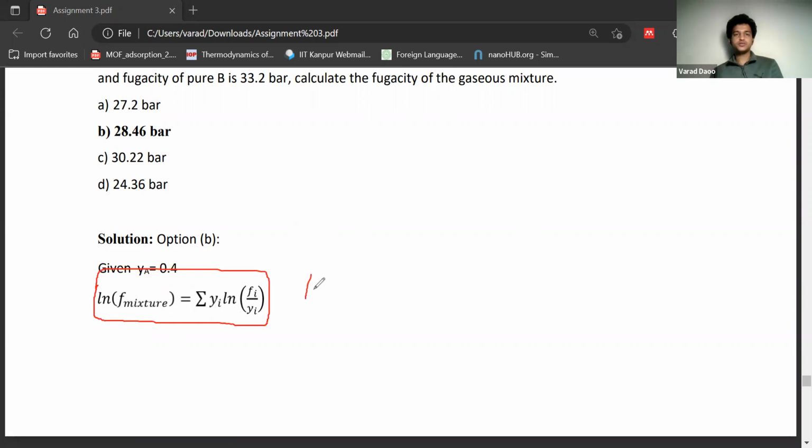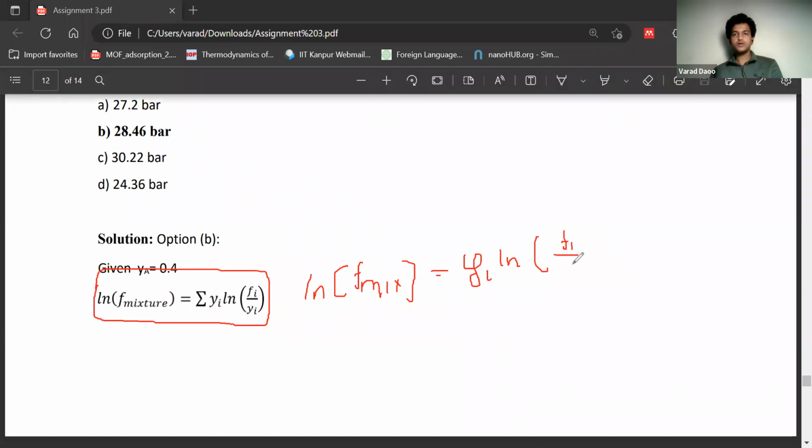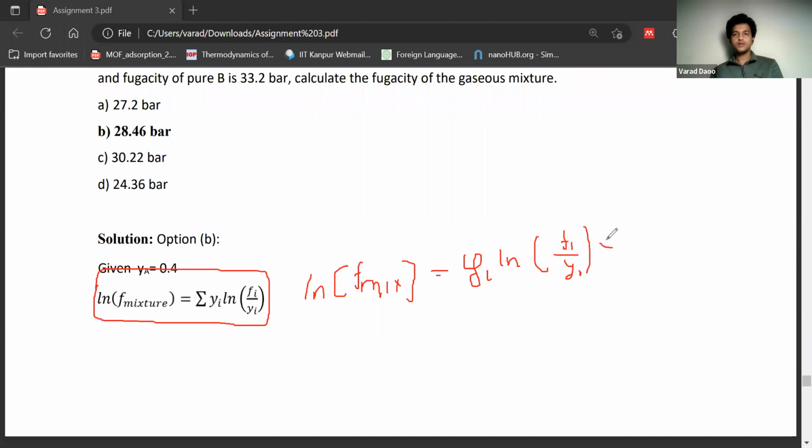For a binary mixture, ln f of the mixture is y1 ln(f1 by y1) plus y2 ln(f2 by y2). This we know, this we know, and this also we know.